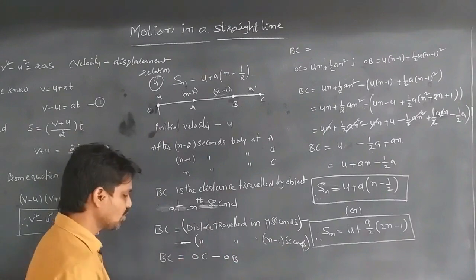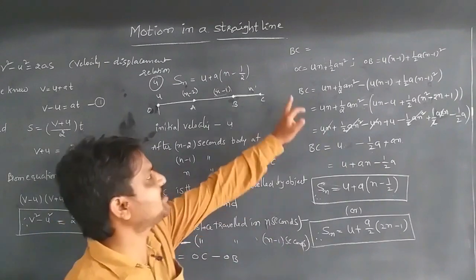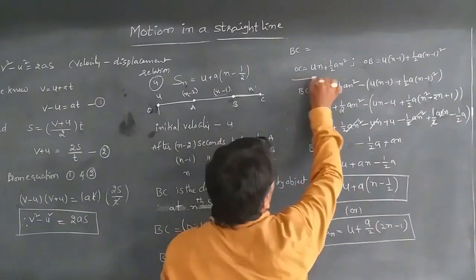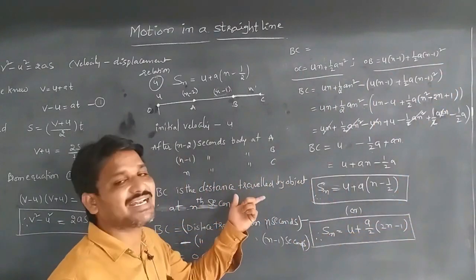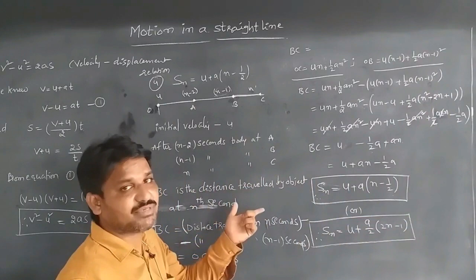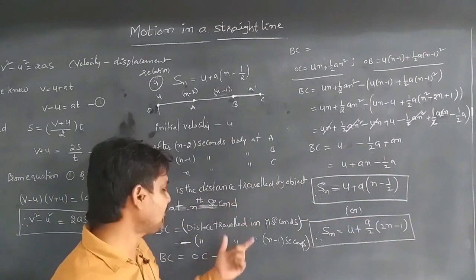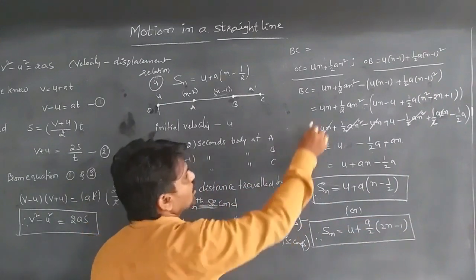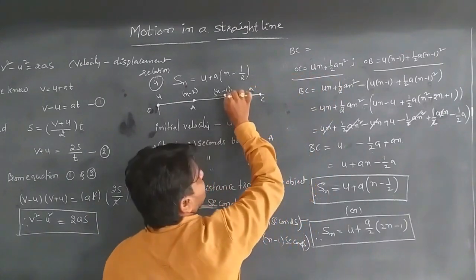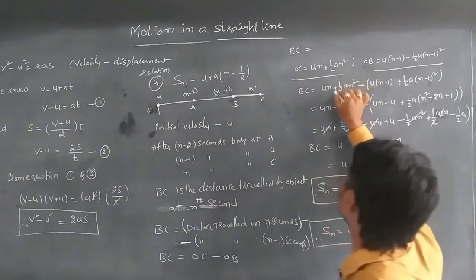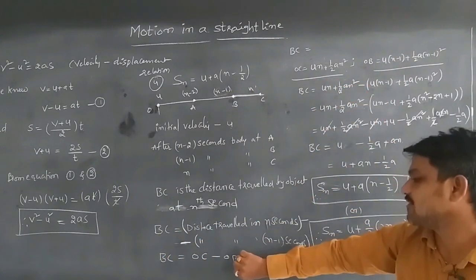That is, BC is equal to OC minus OB. From this relation, OC is equal to Un plus half A n square, because instead of t we are taking the number of times, time taken as n. So we mention t is equal to n at OC, and here t is equal to n minus 1. So we are substituting these two equations in this equation.